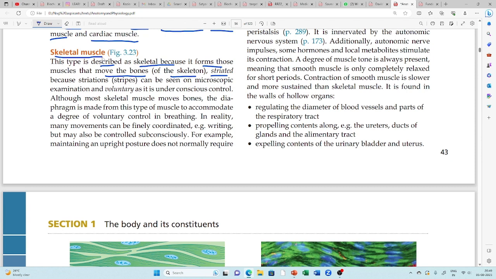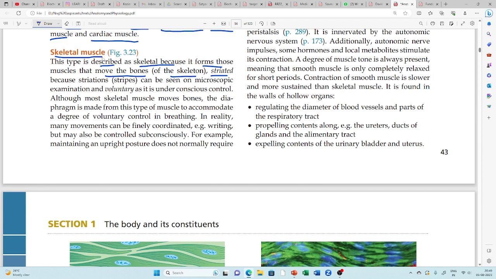It is under our control. That's why it is known as voluntary. The striations, straight line-like markings, we can see through microscopy, not with the naked eye. That's why skeletal muscle is voluntary.